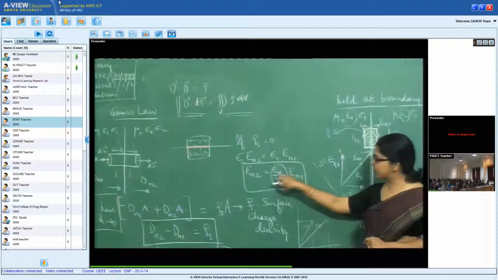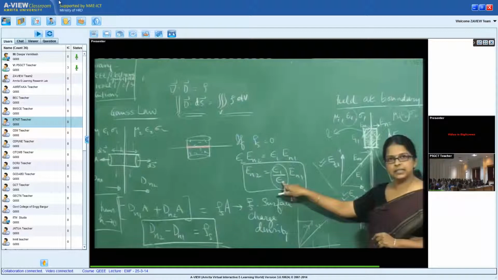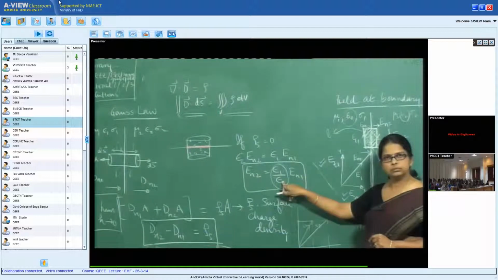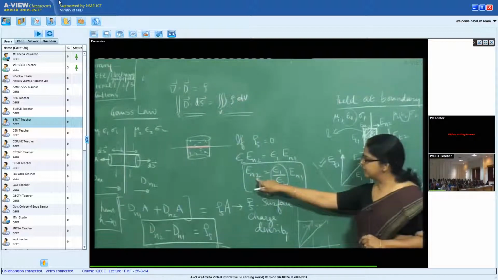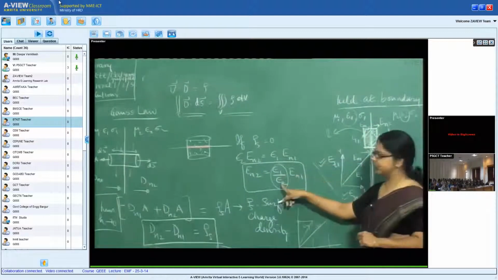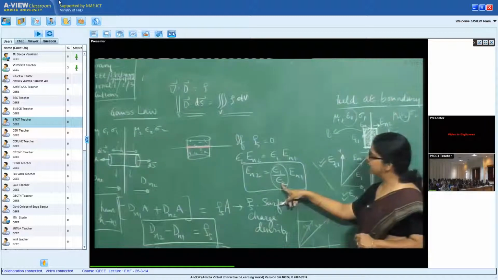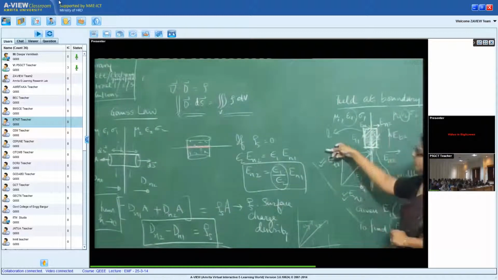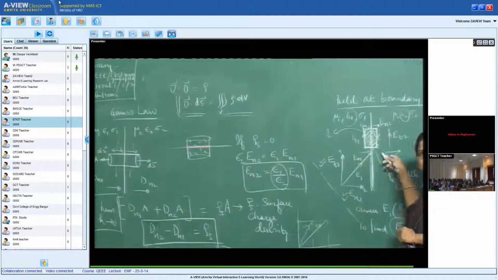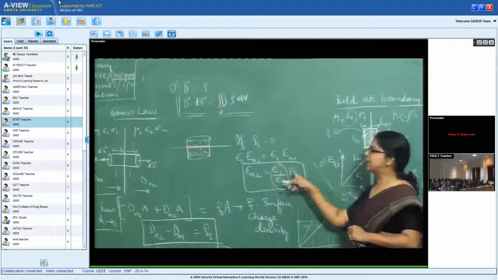So let's say epsilon 1 is greater than epsilon 2, which means I have the left side denser than the right side in terms of conventional optics, which means my En2 is larger than En1.